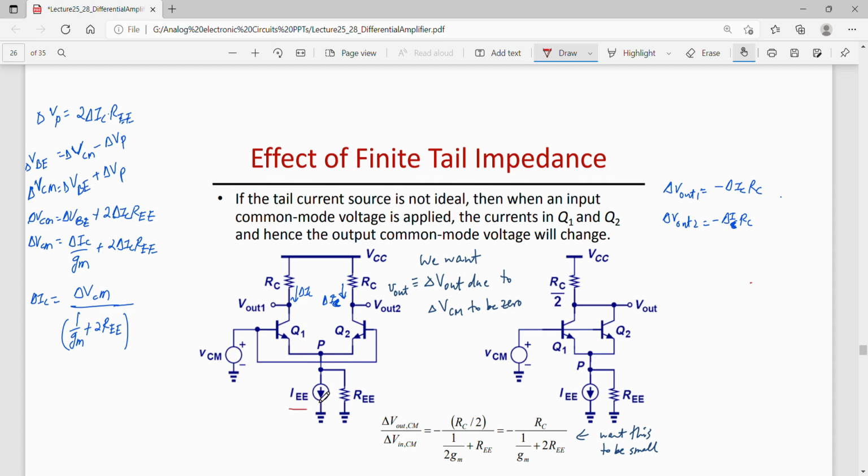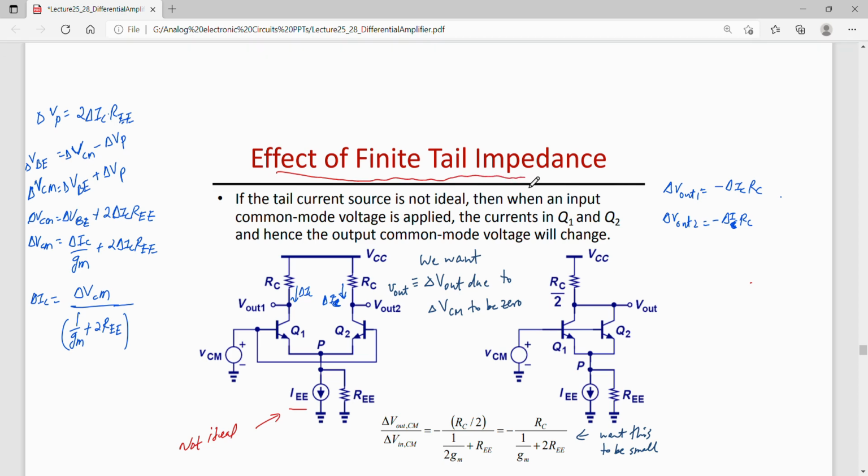But now let us assume that this tail current source is not ideal. That is, it is associated with a finite impedance. So we want to study the effect of finite tail impedance, which can be associated with this current source, which is now in this case not ideal.